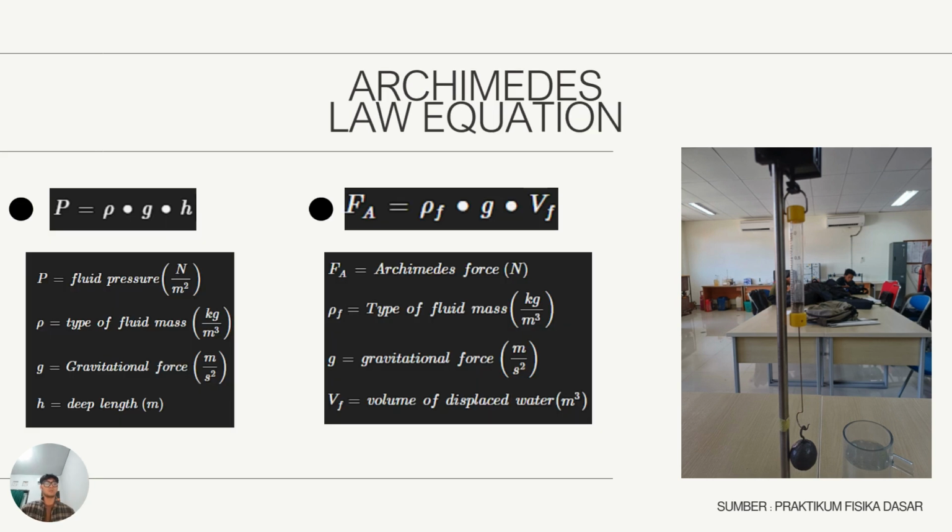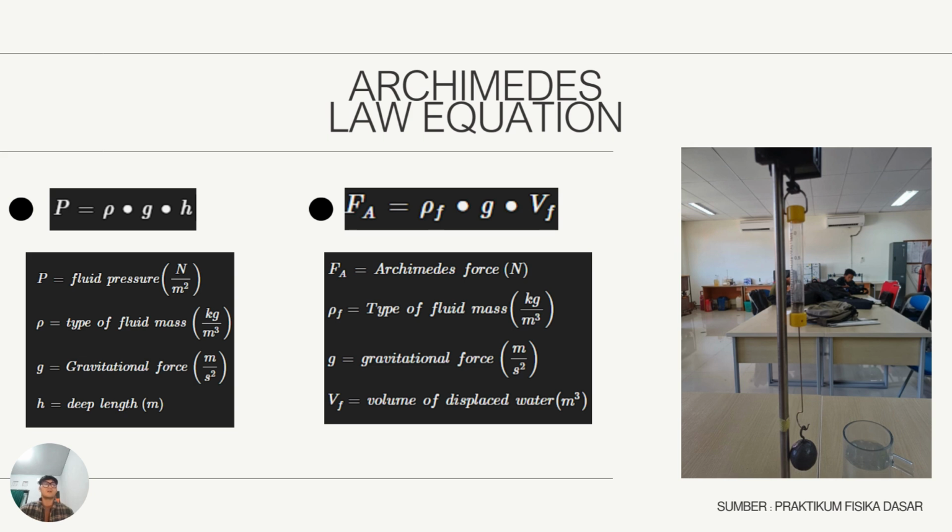Now, for Archimedes' law equations, there are two in our experiment. The first is P equals rho times g times h. P is the fluid pressure, rho is the fluid density, g is the gravitational acceleration, and h is the depth of the object. Fa is the Archimedes force: Fa equals rho f times g times Vf.